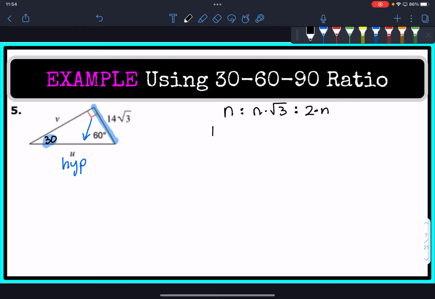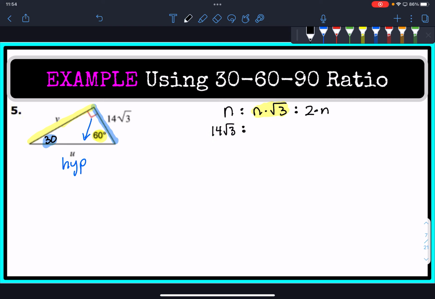So n is 14 times the square root of 3. To figure out the length of the side opposite the 60-degree angle, we're going to multiply this number, that's my n, with the square root of 3. Since I'm going from the smaller side to the bigger side, I multiply.